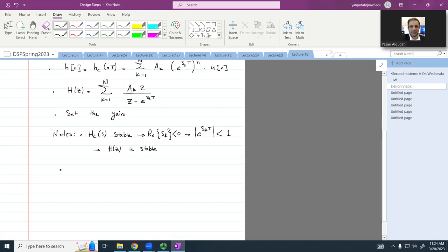The second observation: we're going to have linear frequency mapping in the range when omega is greater than negative pi over T and less than pi over T. And we're going to have aliasing outside of this range.